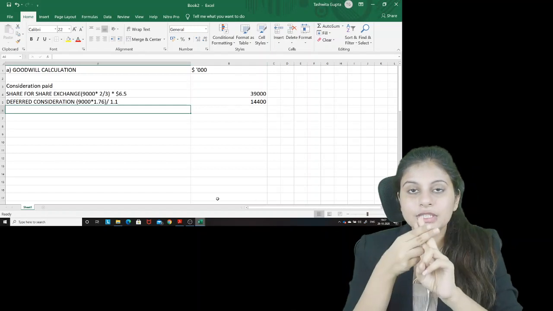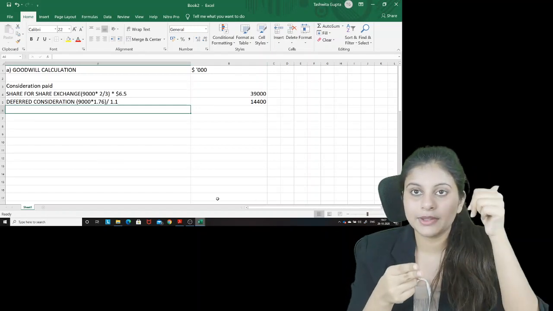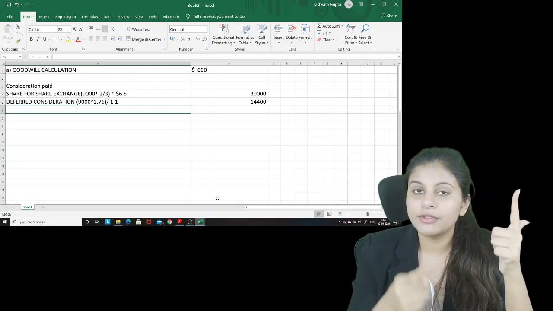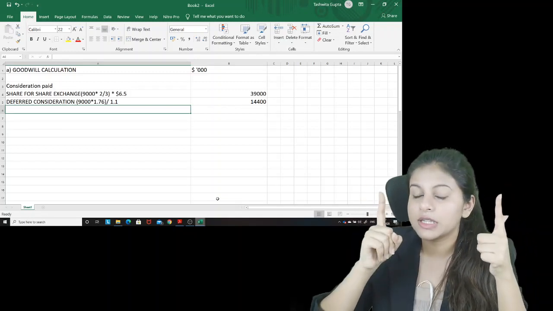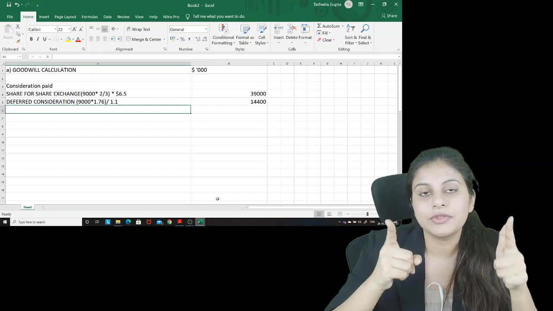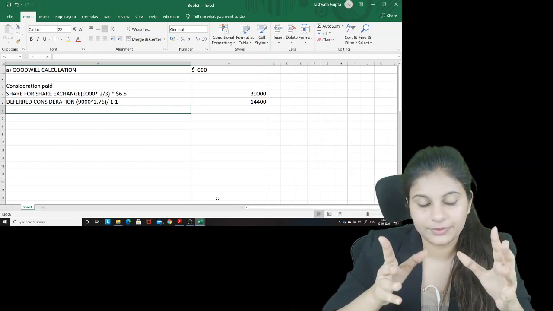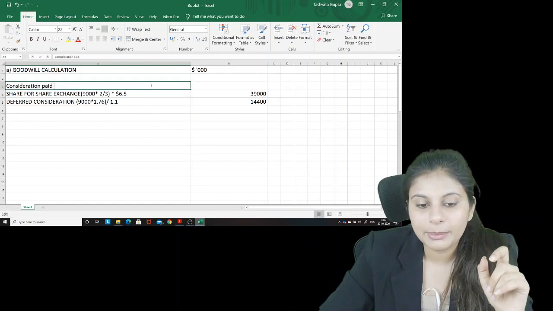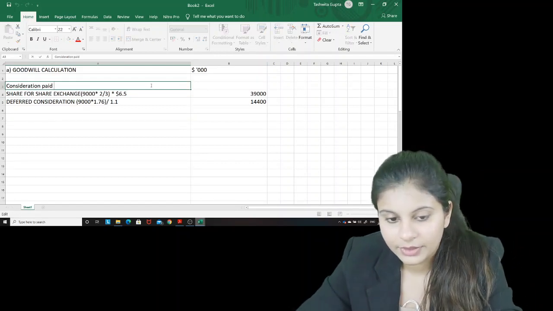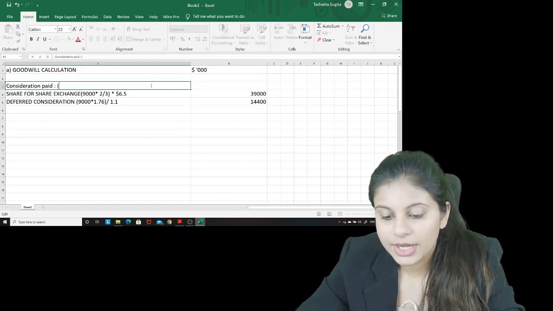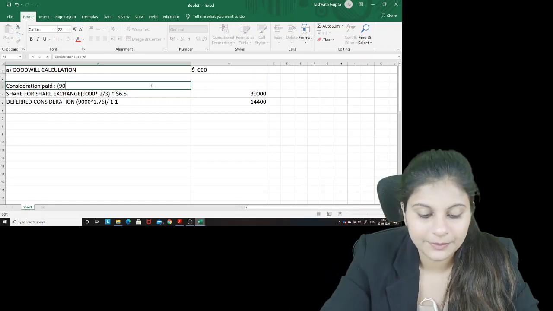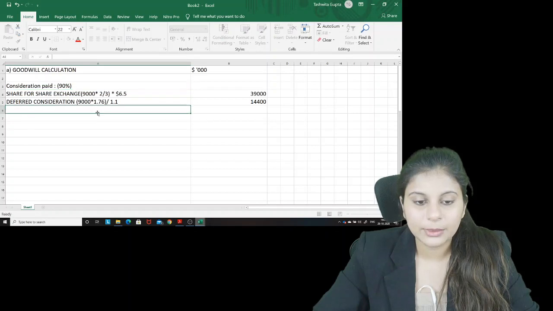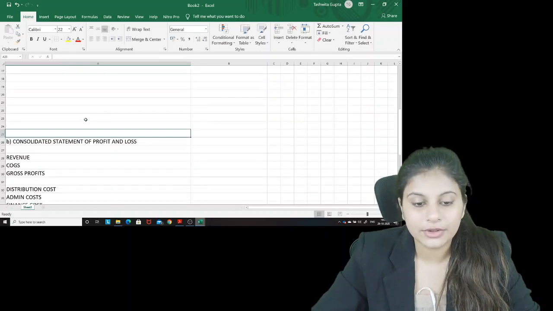So we compare these two things: consideration paid by the parent and the NCI for the 100% of the subsidiary, with the fair value of net assets of the subsidiary, and that gives us the goodwill amount, right? So here I have calculated whatever was paid by the parent for 90% of the subsidiary. We've already calculated that. Now we will calculate what was paid by the non-controlling interest.